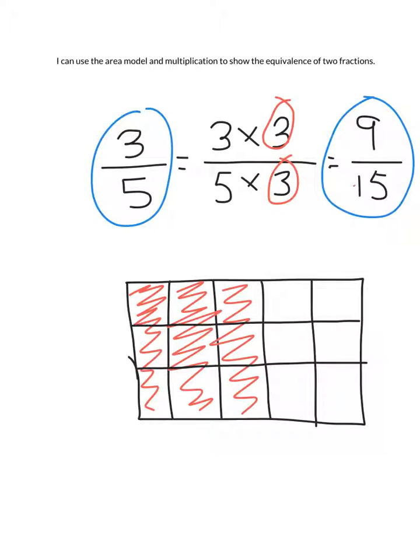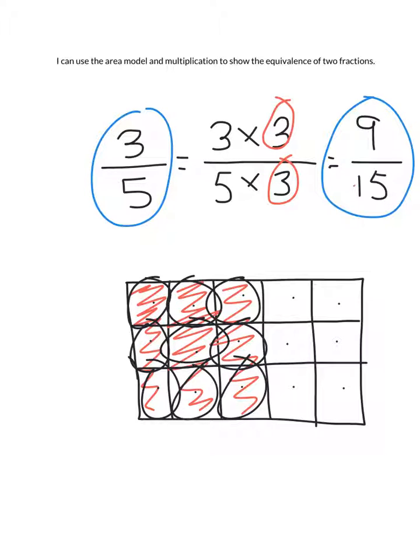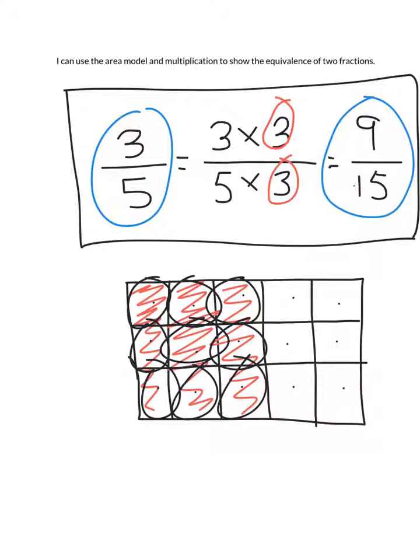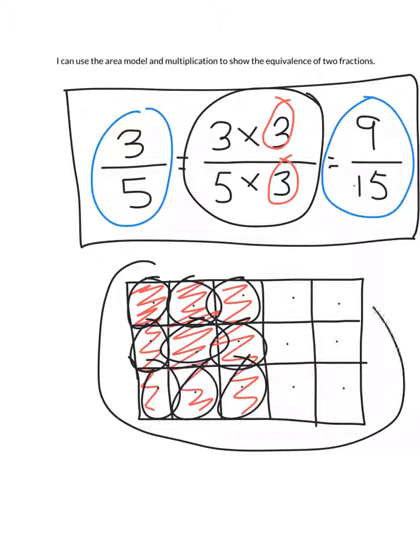And so now when I count the number of sections, I count 1, 2, 3, 4, 5, 6, 7, 8, 9, 10, 11, 12, 13, 14, 15. And I know that 1, 2, 3, 4, 5, 6, 7, 8, 9 are shaded. So I've used my number sentence, I've used multiplication, and the area model to show that 3/5 is equivalent to 9/15.